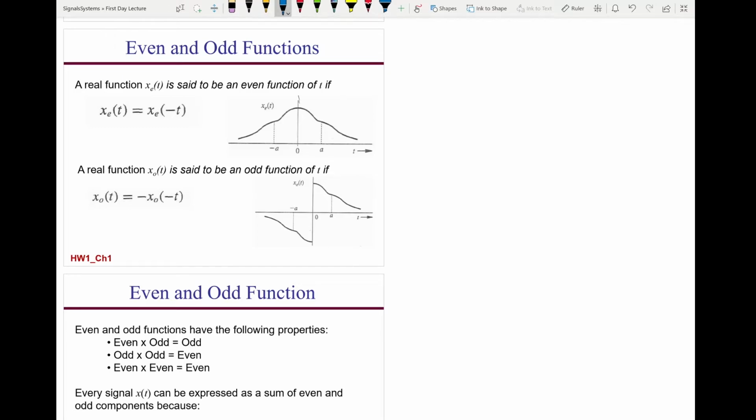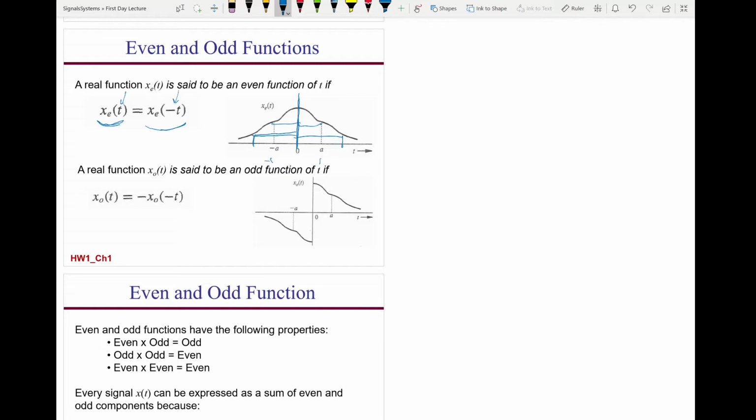First, we determine the vertical axis. Then if the signal is even, x_e of t will equal x_e of minus t. That means the value of the signal at time equal 1 will equal the value of the signal at time minus 1. So if that is 1 and this is minus 1, then these values are the same. At 2, the values will be the same. Then this is an even function.